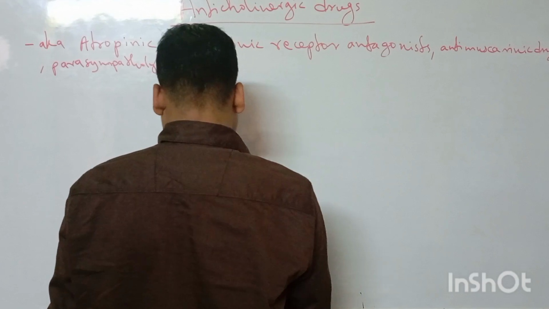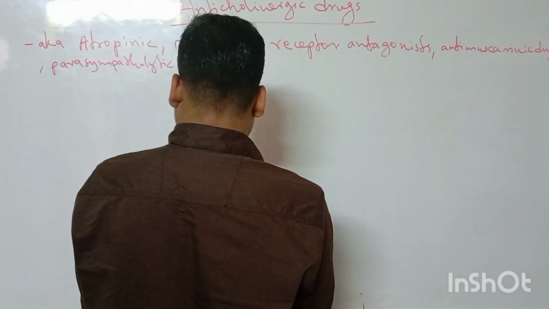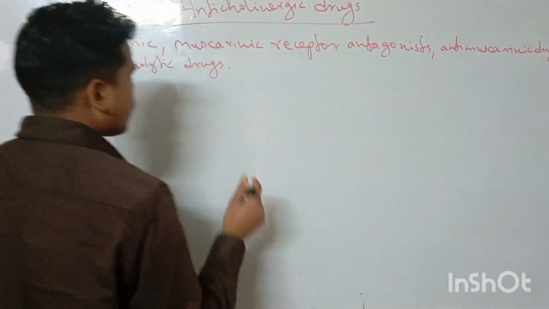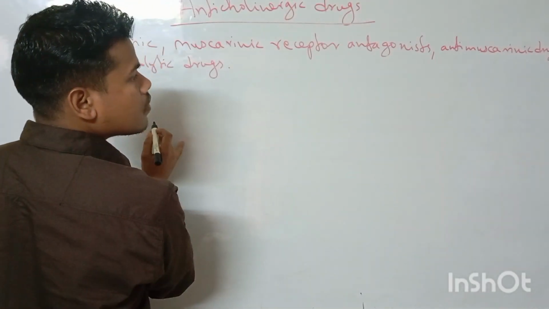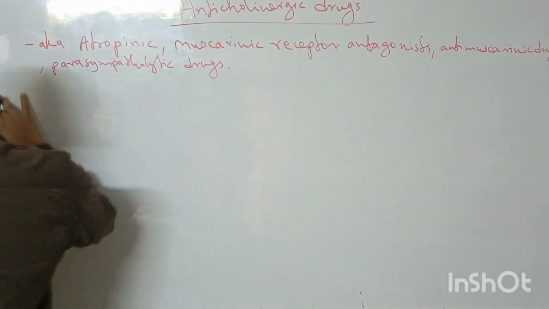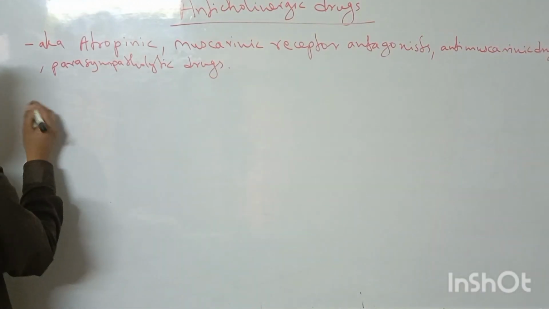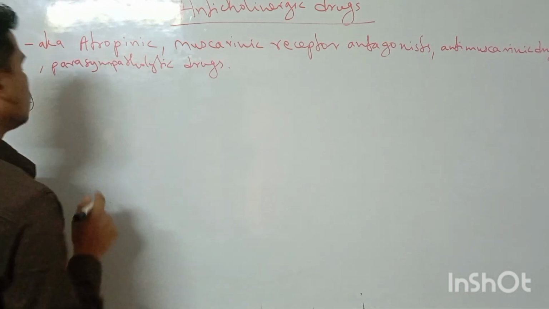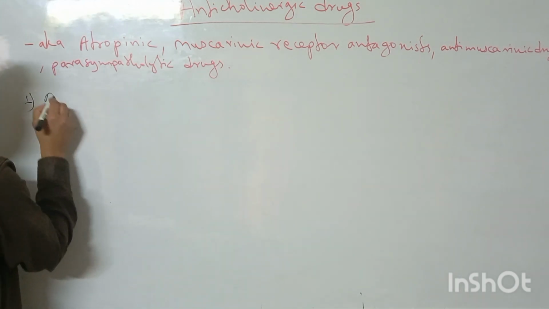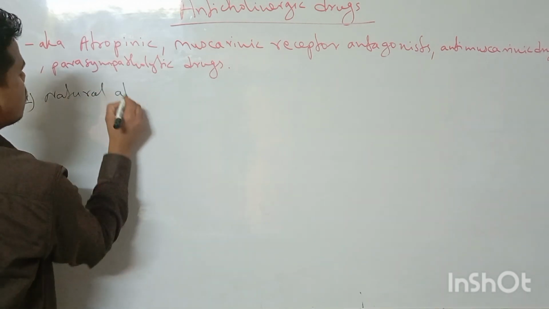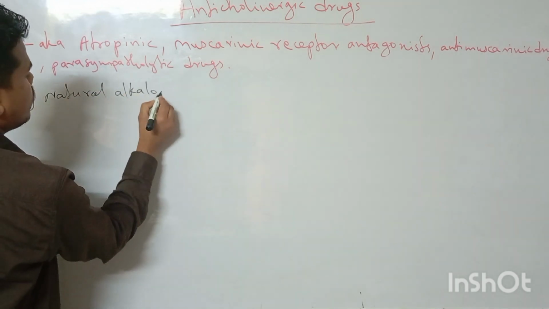Now, the proper classification. I will not make a chart, I will simply write it with numbering. The first category is natural alkaloids.